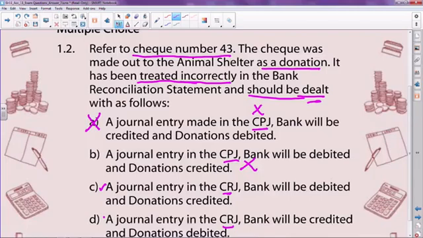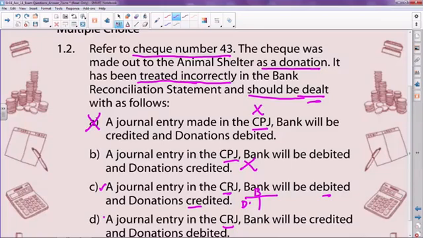So a journal entry in the CRJ, bank will be debited and donations will be credited. Immediately, let's look at the two accounts that will get affected. Remember, guys, if you are cancelling a check, previously you credited bank because you issued the check. But if you are now cancelling the check, immediately your bank general ledger has to be debited.